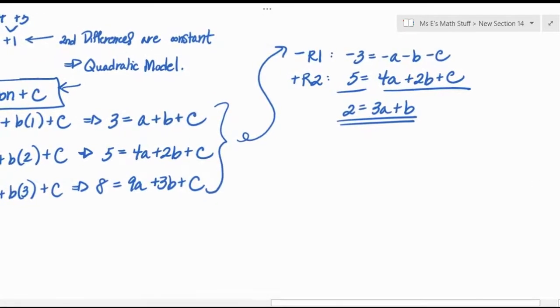Now remember, you do need to involve row 3, and you need to eliminate c again. If you choose to eliminate c the first time, you need to eliminate c the second time. So I'm going to do the opposite of row 2 this time, which would be -5 equals -4a minus 2b minus c, and I'm going to add that to row 3.